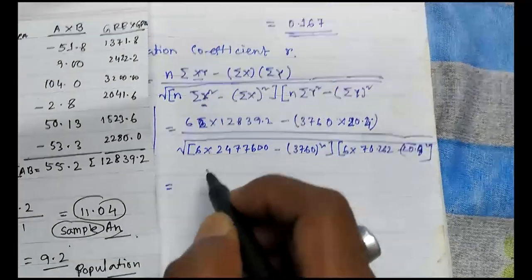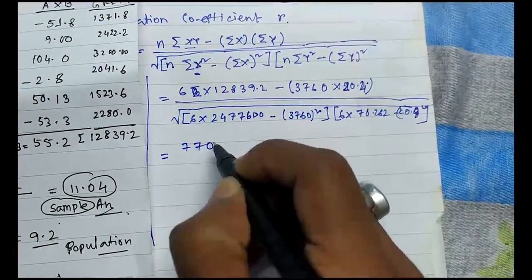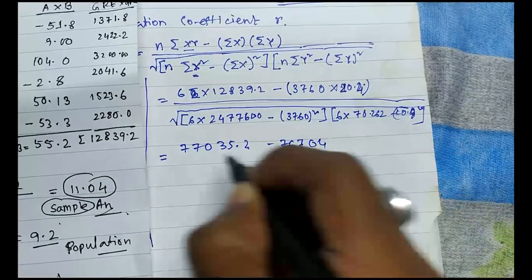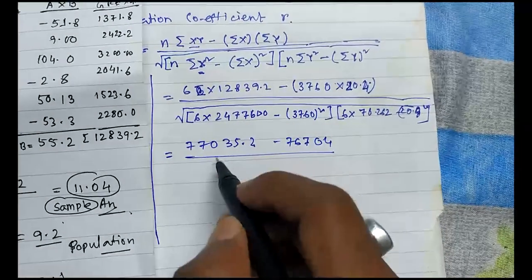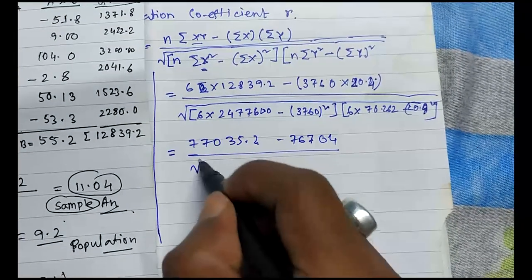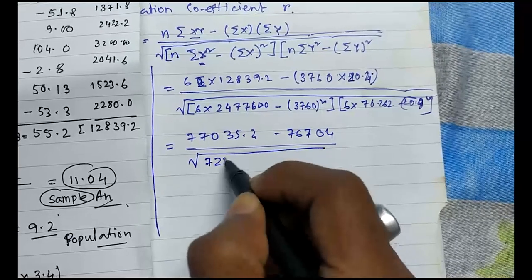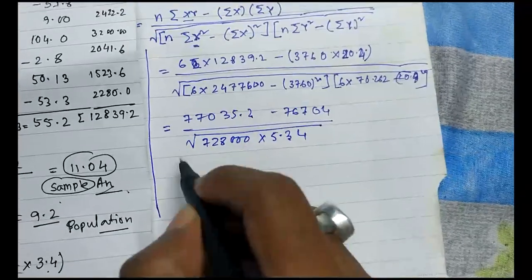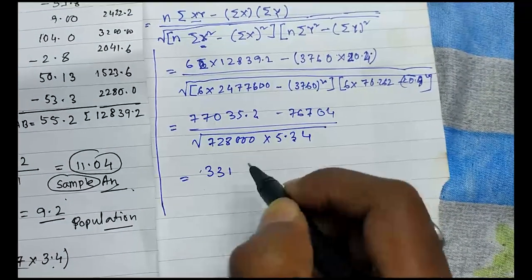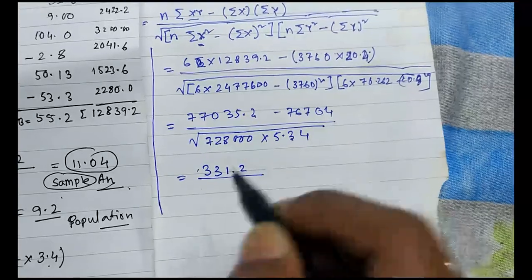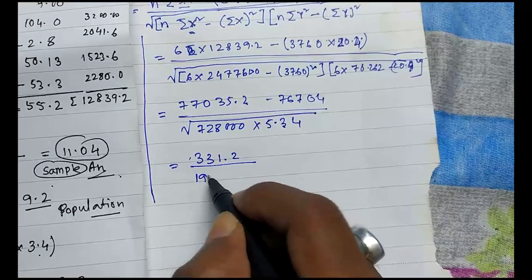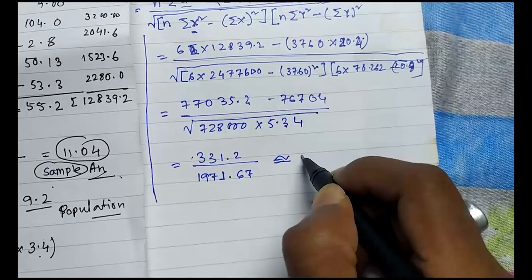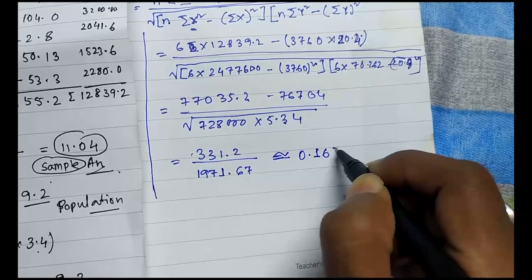Now this will be 77035.2 minus 76704, divided by the square root of 728000 into 5.34. I will end up getting 331.2 by 1971.67, which is close to 0.167.